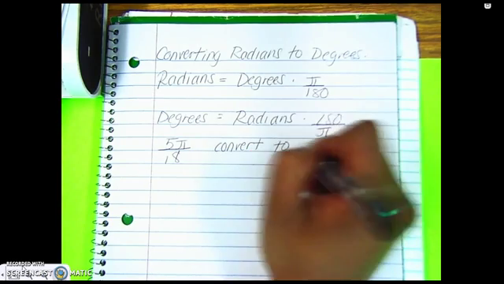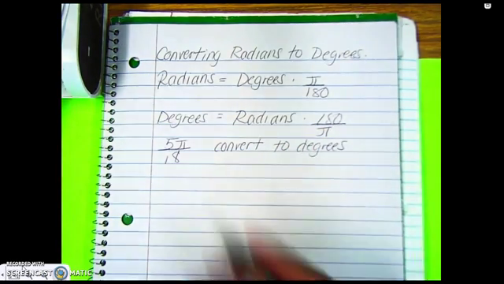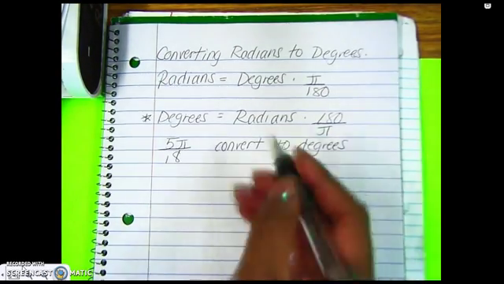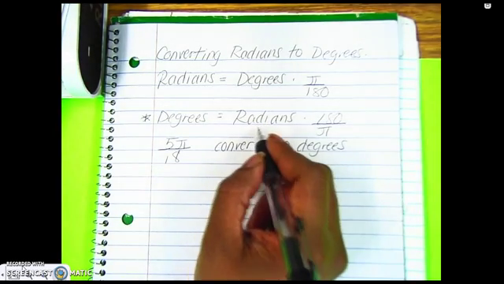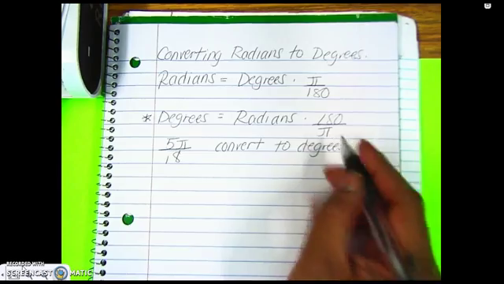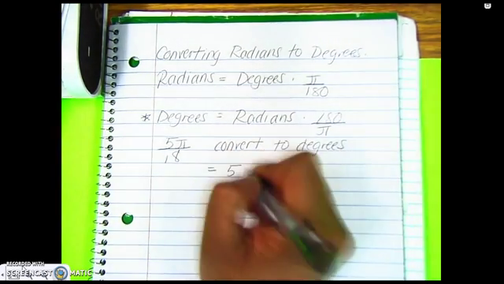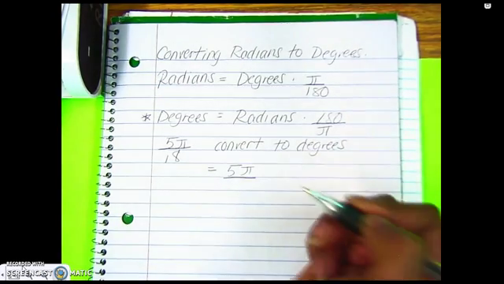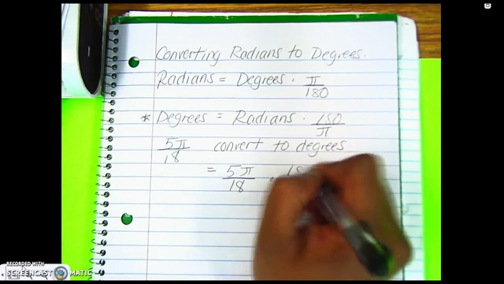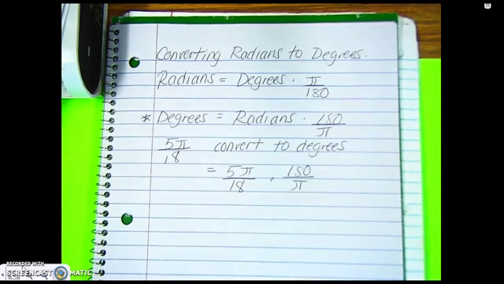We're going to take our 5 pi over 18, which is in radians, and multiply it by 180 over pi. So this is going to equal 5 pi over 18 times 180 over pi. Okay, and then just plug it in.